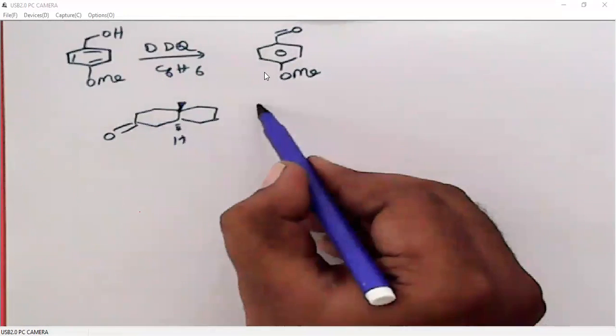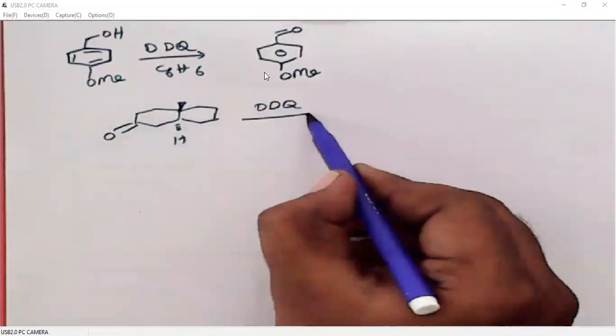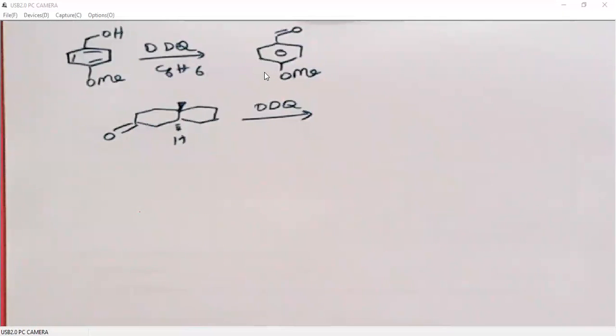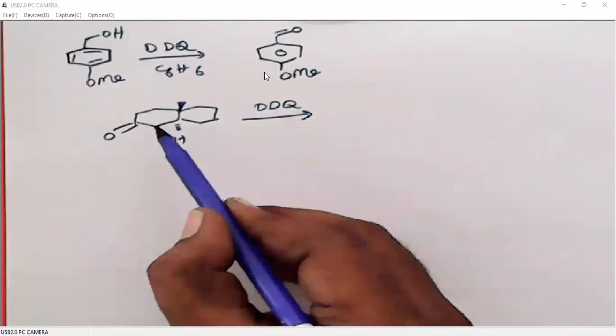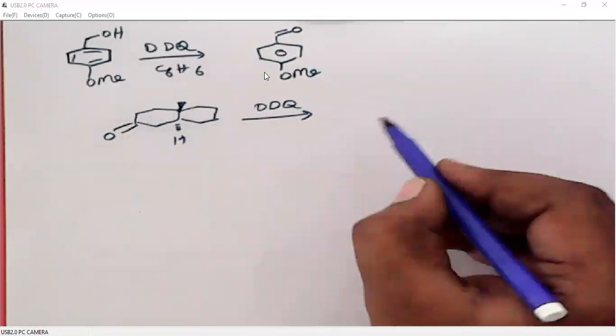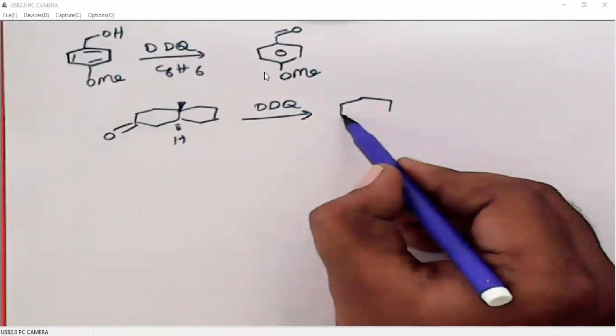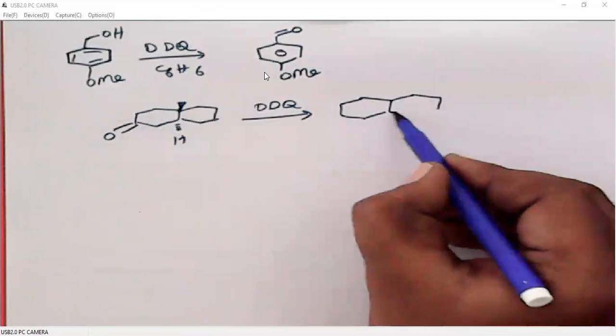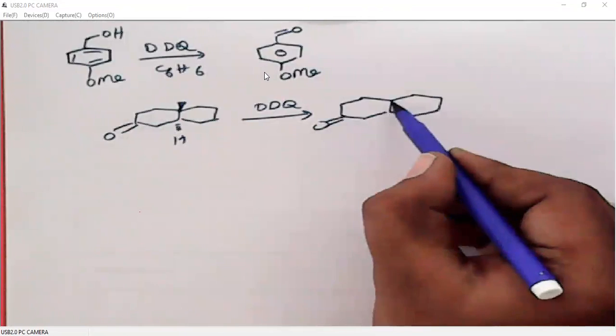When we have a carbonyl of this kind, and we oxidize this carbonyl with DDQ, we can generate an alpha beta unsaturated carbonyl. But in this case, alpha beta unsaturation takes place on this side, but not this side. Okay. So we can generate an alpha beta unsaturation.